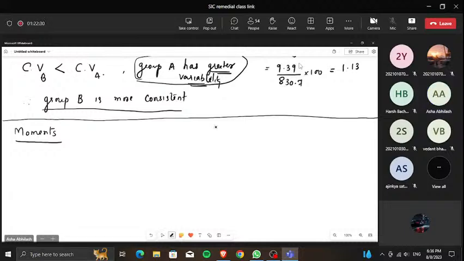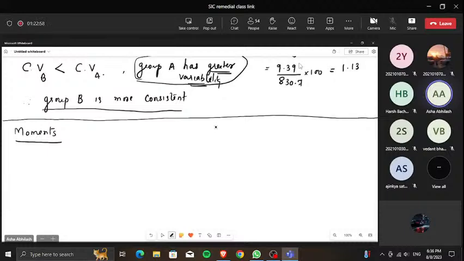Here again, moments about a value will be there, that is your assumed mean part. If a number is given, then obviously you have to use the assumed mean method. If you use the assumed mean or moments about any point, we call them raw moments. Moments about the arithmetic mean are known as central moments.